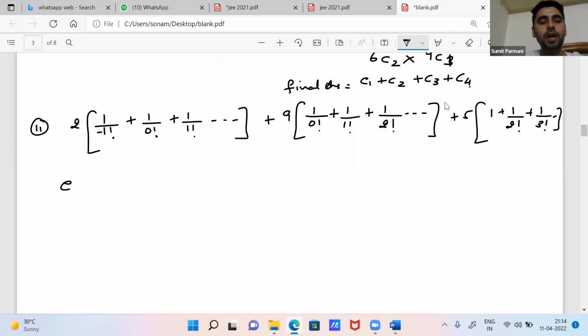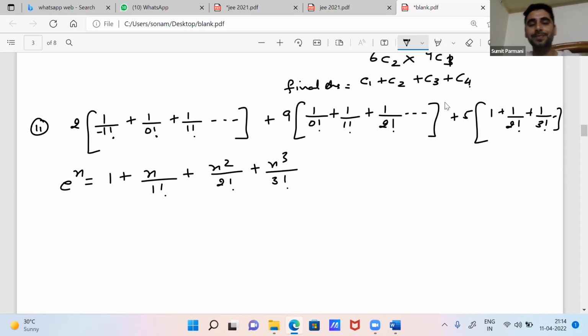Okay, expansion of e raised to the power x is 1 plus x by 1 factorial plus x square by 2 factorial plus x cube by 3 factorial, and so on.